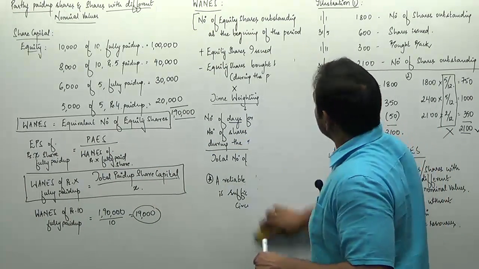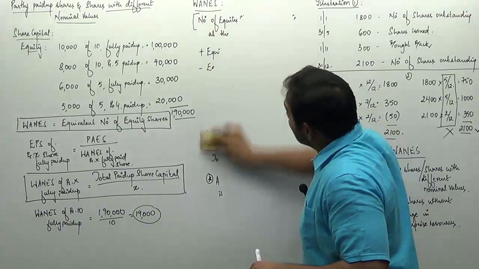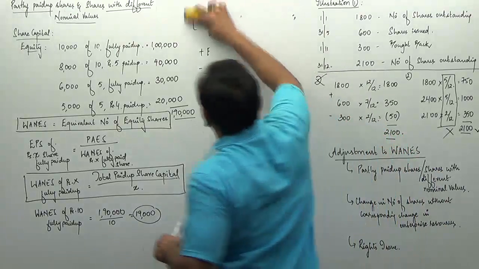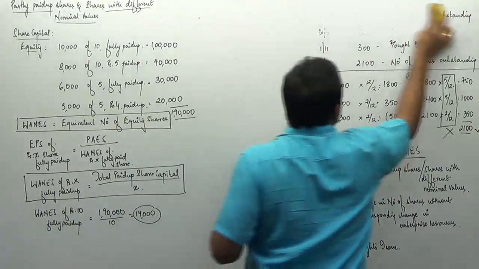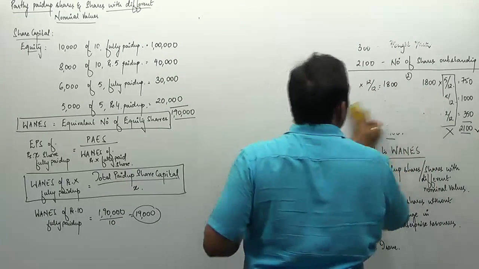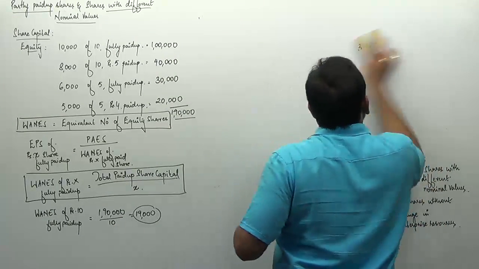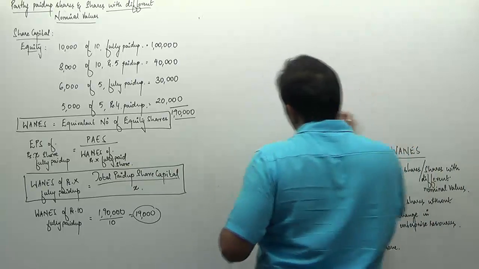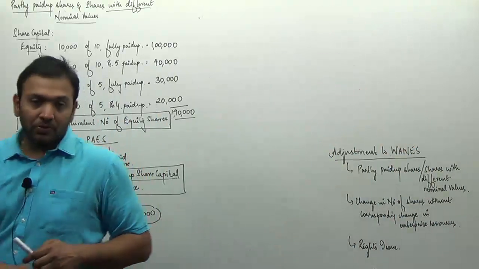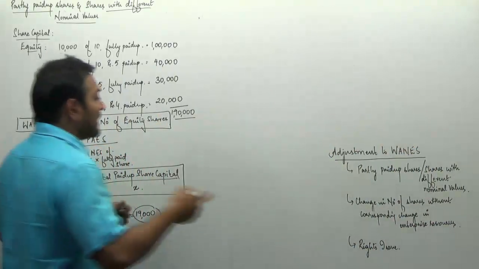My second adjustment was with respect to change in number of shares without corresponding change in enterprise resources. We'll think about this. Observe carefully, guys.